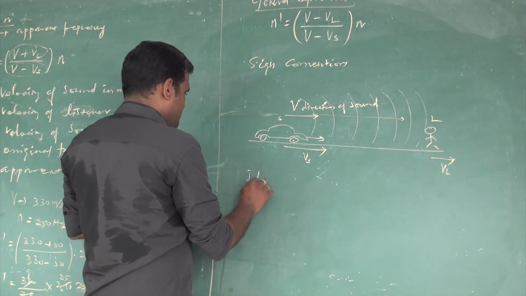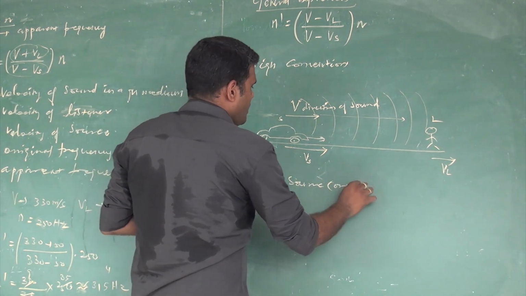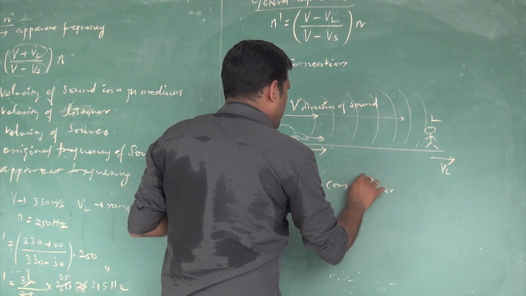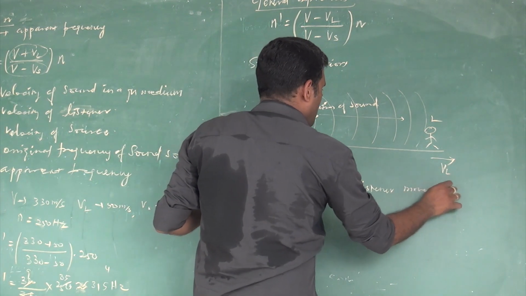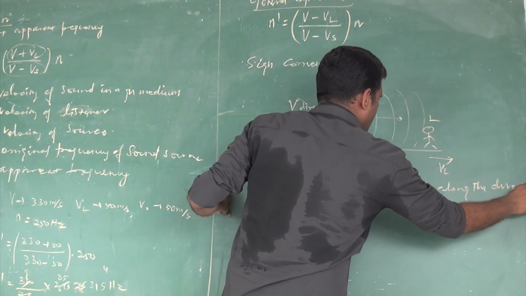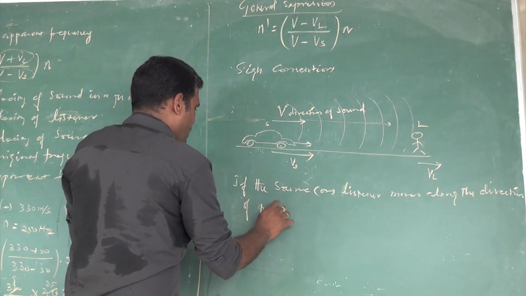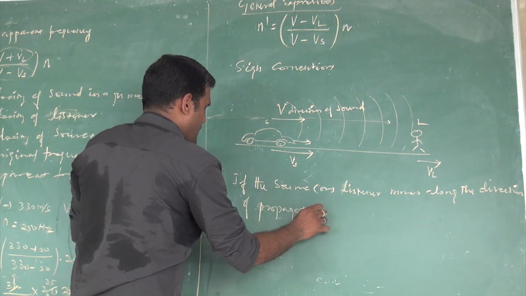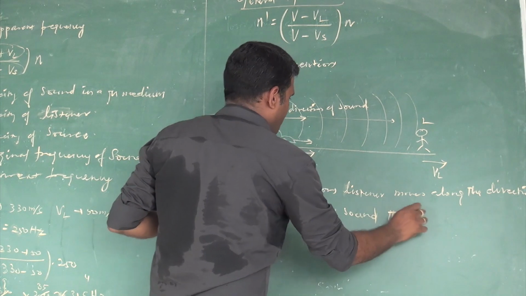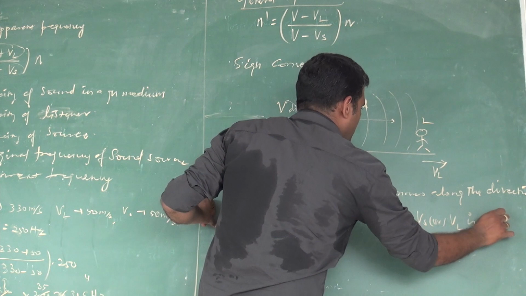If the source or listener moves along the direction of propagation of sound, then Vs or VL is positive.